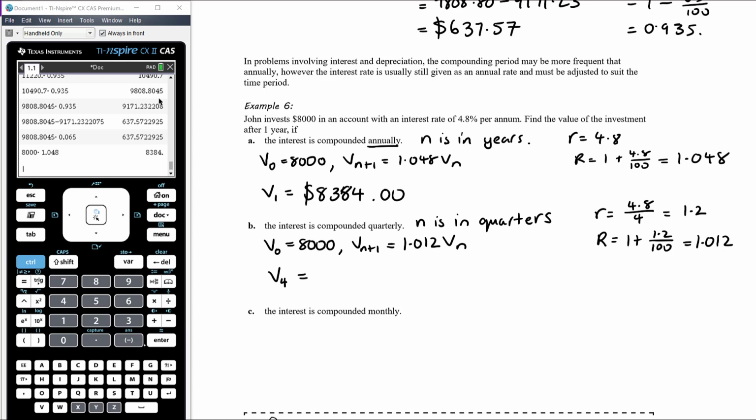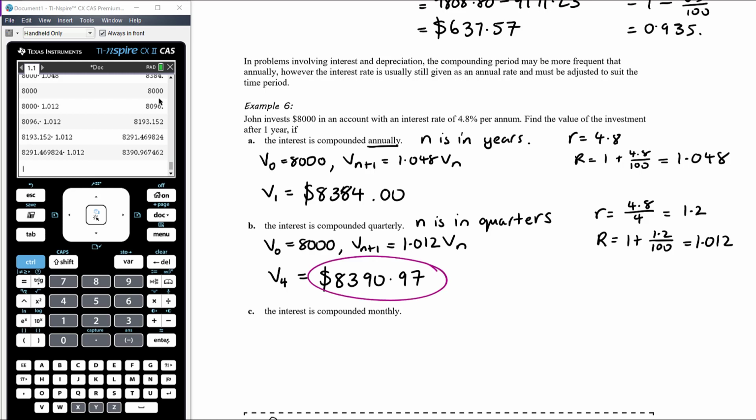Let's do that. We've got 8,000, multiplying by 1.012 once, that's after 1 quarter, 2 quarters, 3 quarters, 4 quarters. $8,390.97.